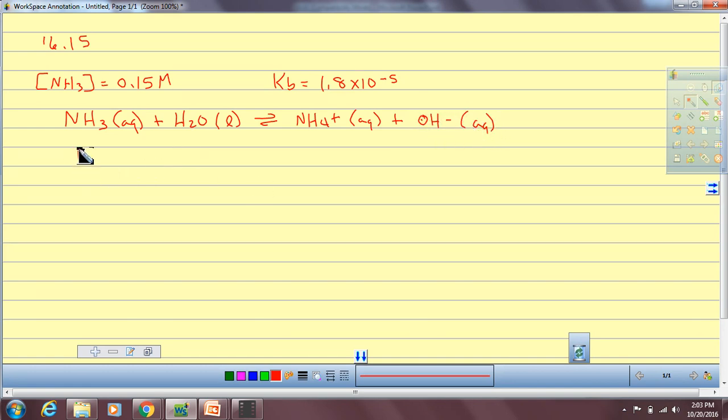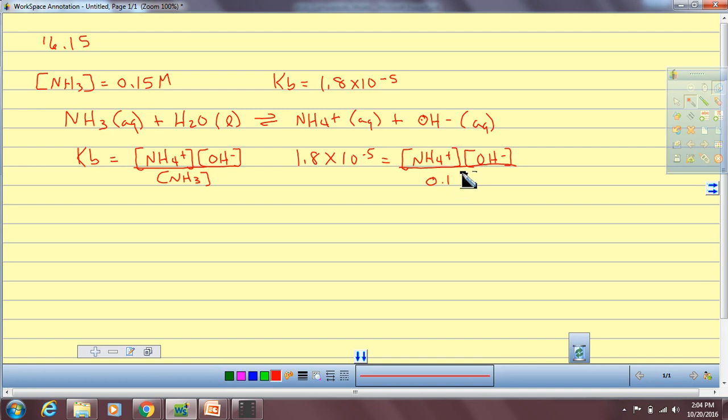So our Kb expression will be the concentration of ammonium times the concentration of hydroxide over the concentration of ammonia. We're given our Kb value, 1.8 times 10 to the negative 5. We don't know ammonium and we don't know hydroxide, but we are given ammonia, which is 0.15.